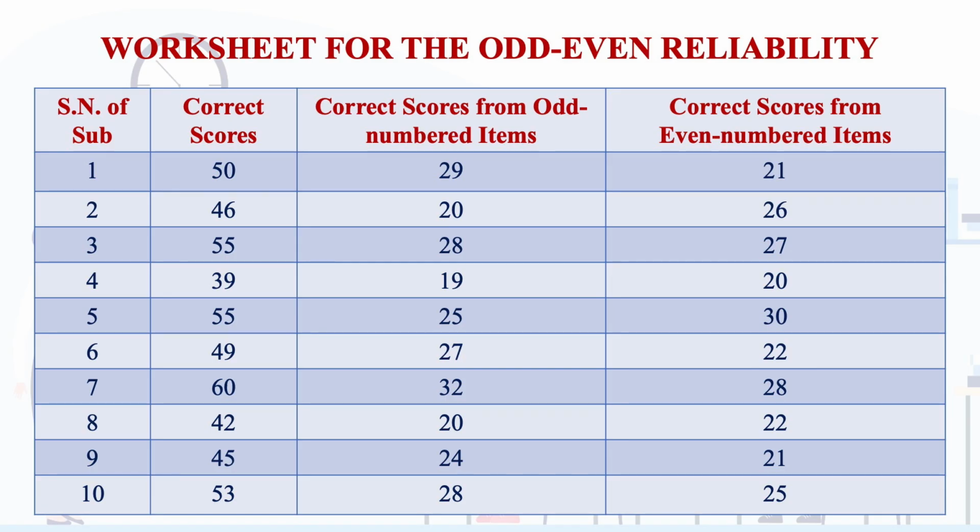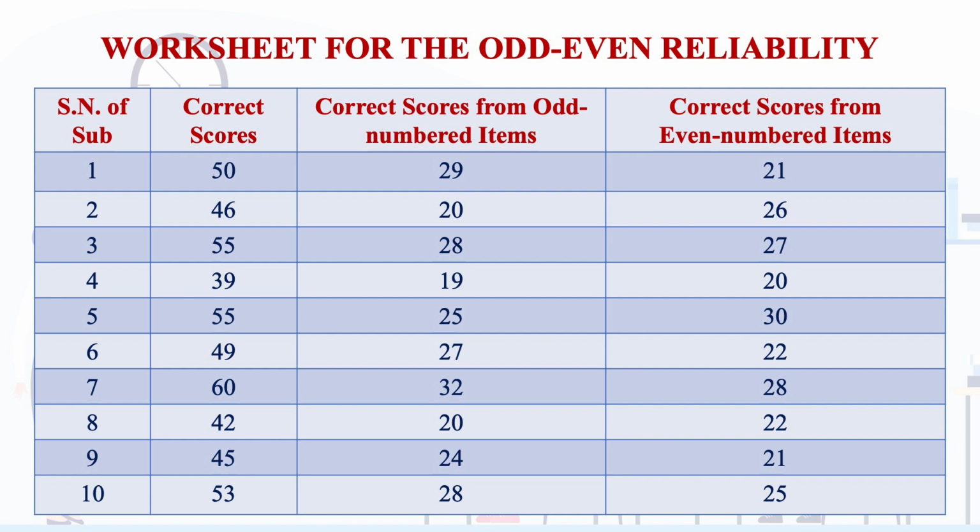In this way you can split the whole test, so far as items are concerned, into two equal halves. As an example, subject number 1 secured a score of 50, and let the correct score from odd-numbered items be 29 and from even-numbered items be 21.